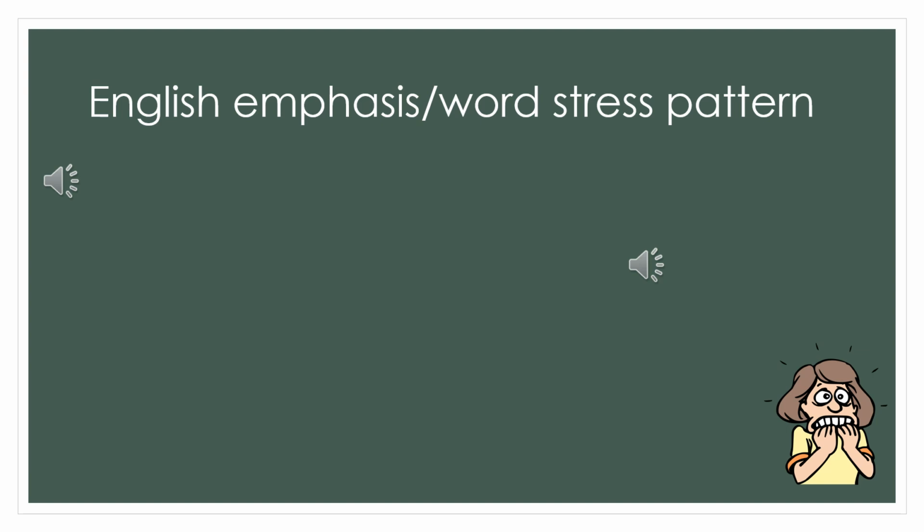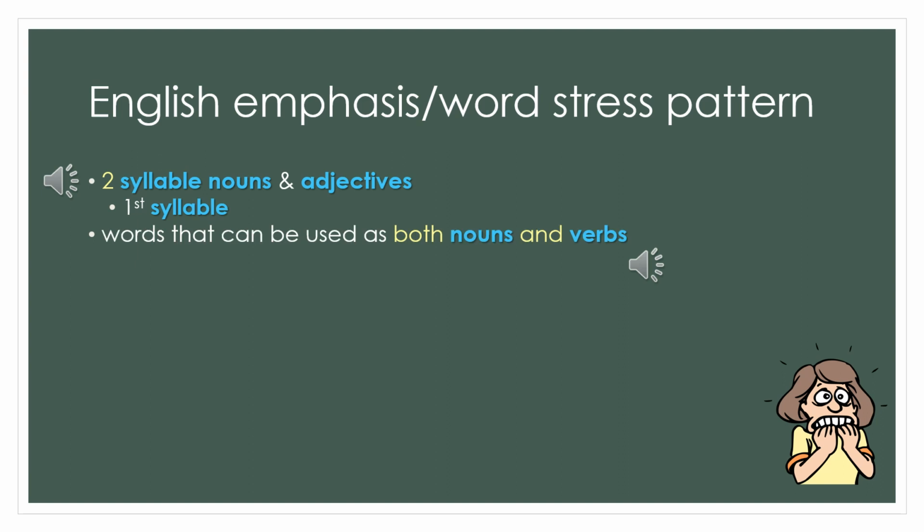We talked about 3 different English emphasis word stress patterns. 2-syllable nouns and adjectives are usually emphasized on the first syllable. Words that can be used as both nouns and verbs: if it's a noun, it's usually on the first syllable. If it's a verb, it's usually on the second syllable.